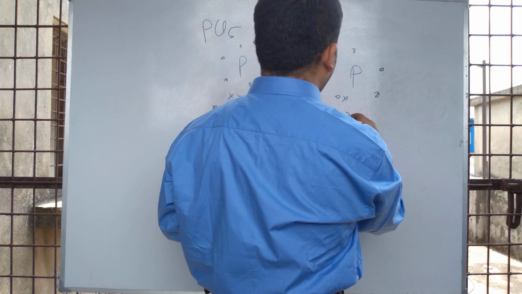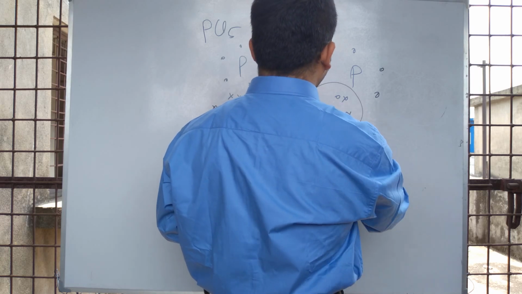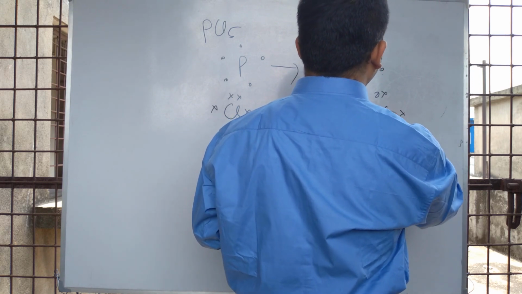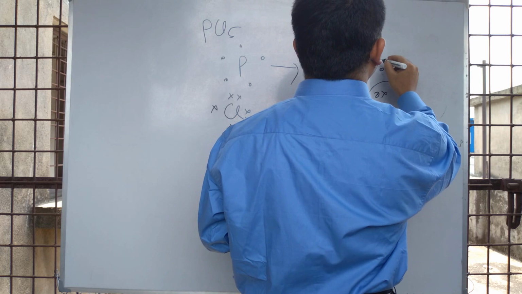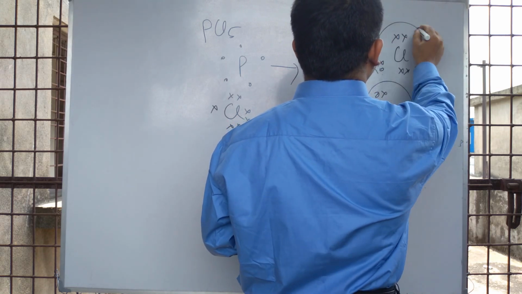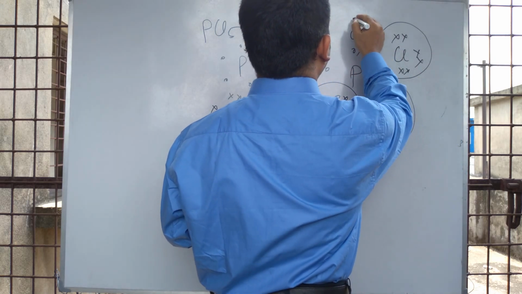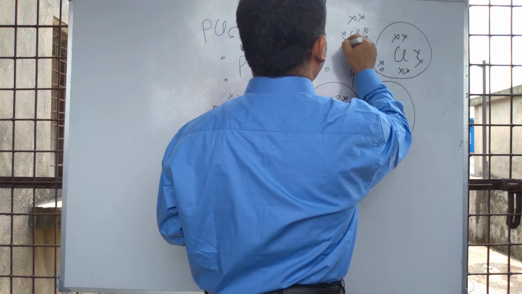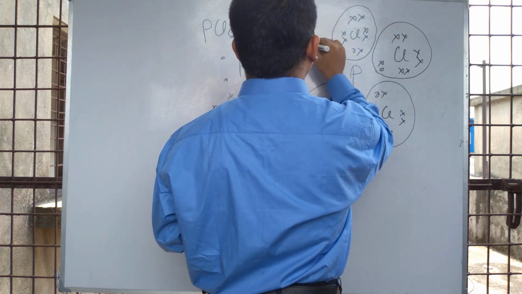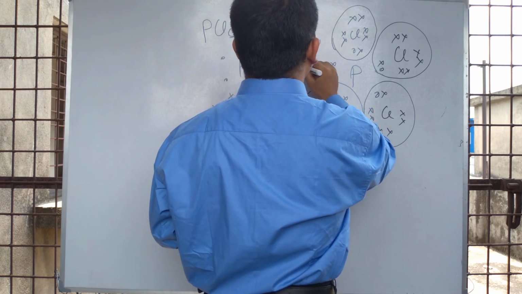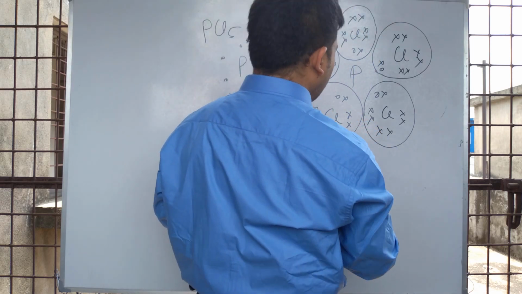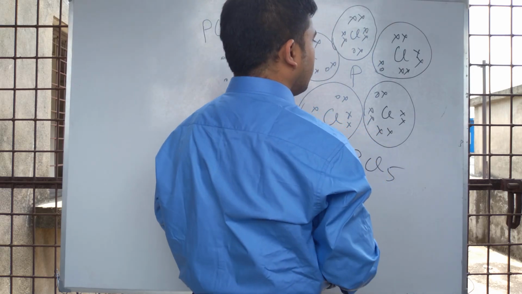Each Cl shares 1 electron with P. This Cl also shares 1 electron with this P, and another Cl shares 1 electron with this P, and another Cl, and another Cl, and this one becomes PCl5.